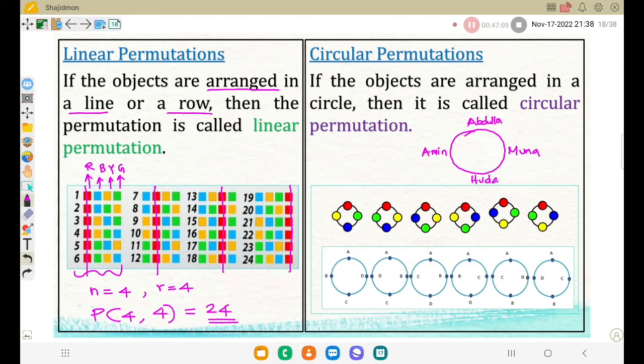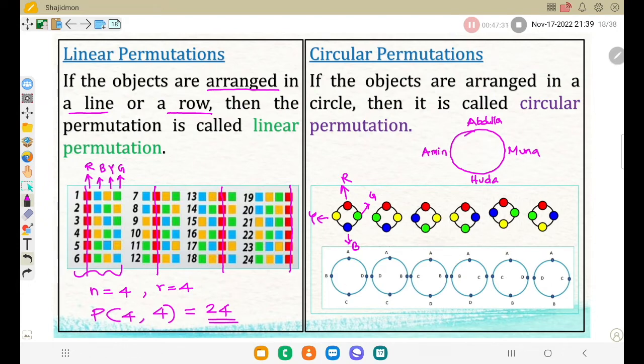See, these four objects, for example, I represent here with colors. This is red, this is yellow, this is blue, and here it is green. How many ways are they arranged? You can see 1, 2, 3, 4, 5, 6 ways, correct? Six ways we arranged the objects red, yellow, blue and green, like the people Abdullah, Amin, Huda and Muna.